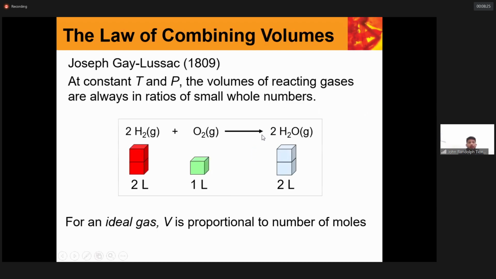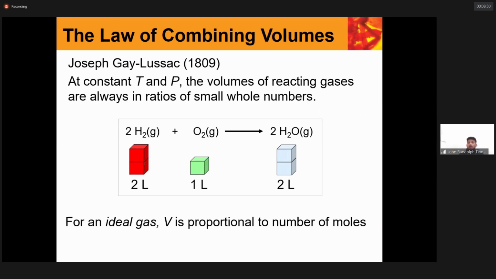All right, here we have the law of combining volumes, or Gay-Lussac's law. At constant temperature and pressure, the volumes of reacting gases are always in ratios of small whole numbers. Now, where are we going to get these small whole numbers? We are going to get these values based on the balanced chemical equation.